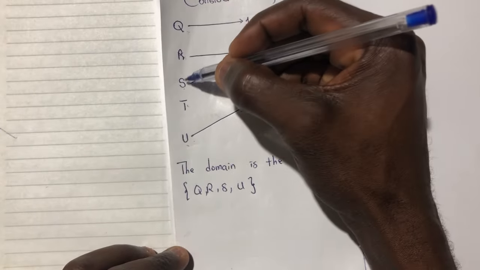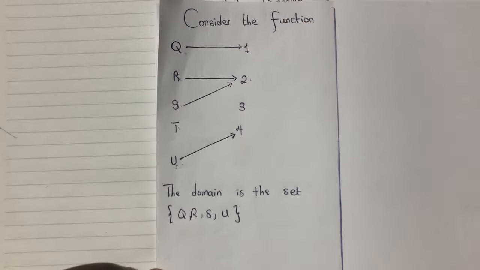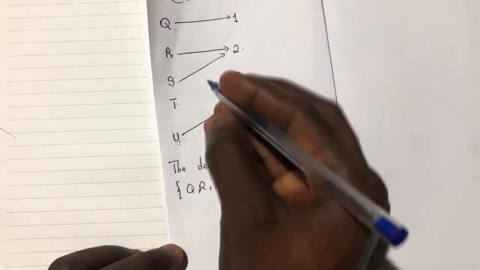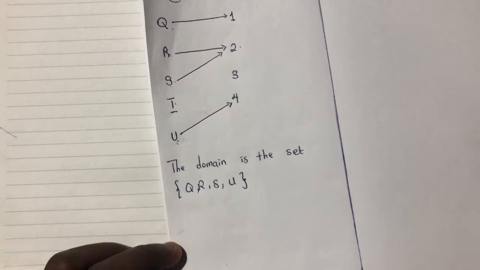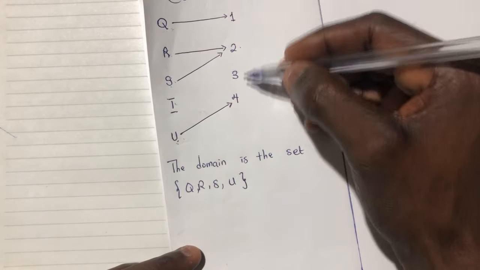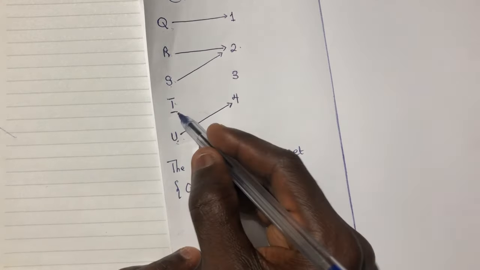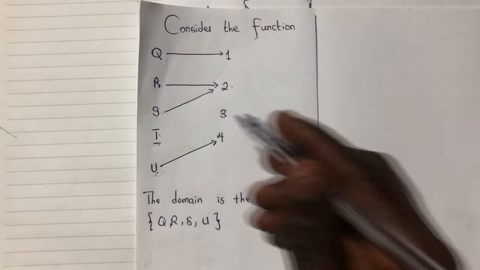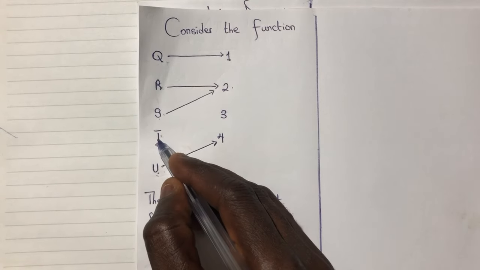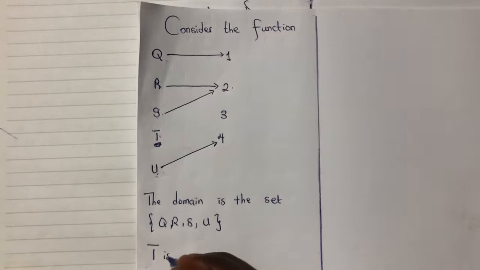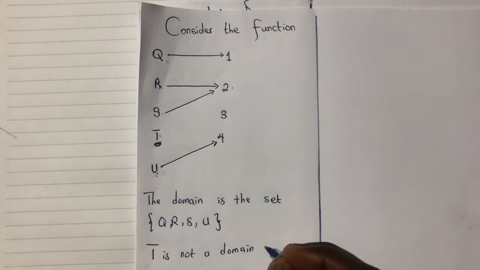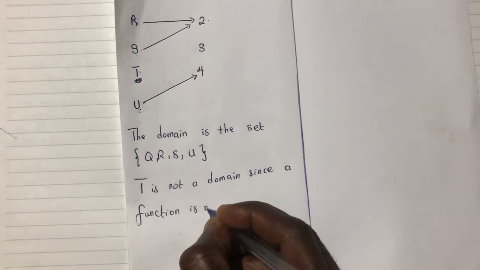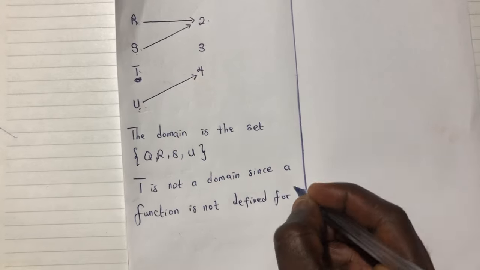Q, r, s, and u are the domain. T here is not a domain because for these values, none of it has been defined for t. So t is not a domain since the function is not defined for t.